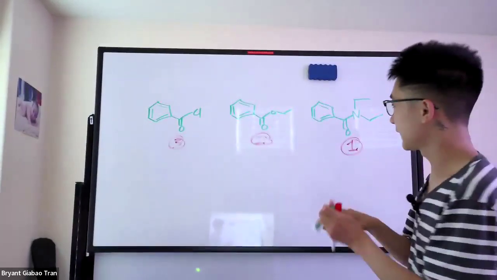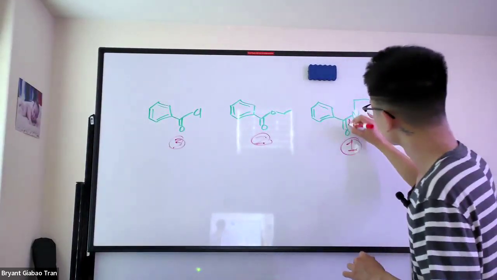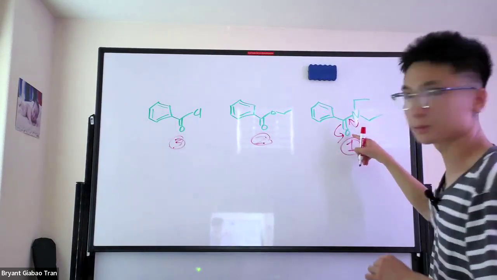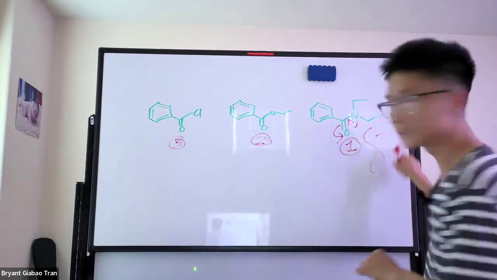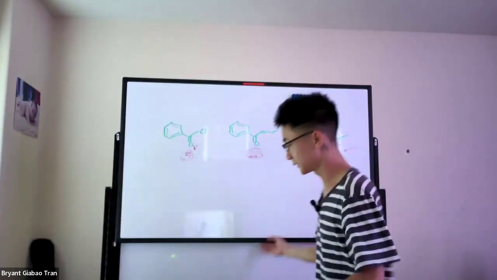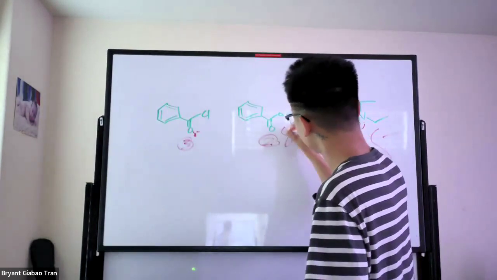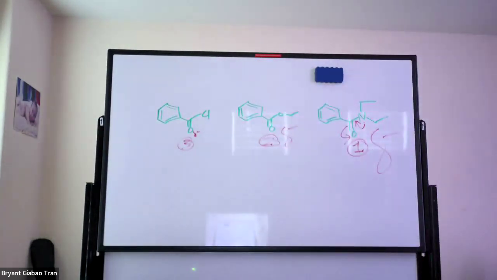Because we see that this amide here, nitrogen is the least electronegative, making it able to donate the most electrons, making that oxygen there the biggest negative charge. Chlorine, the carbonyl oxygen, has the smallest partial negative charge because chlorine is so electronegative, it doesn't want to donate its electrons. And then oxygen is in the middle. It's the intermediate. Right? And the bigger the negative charge you have, the more basic the molecule is going to be.